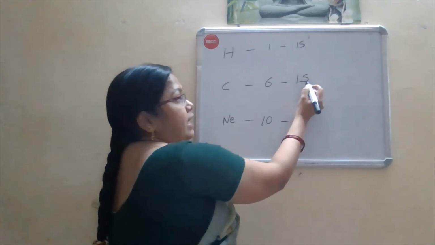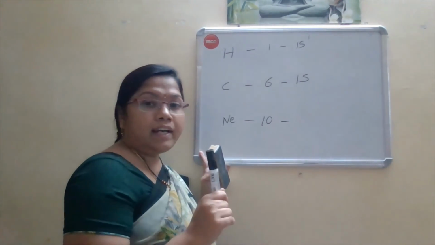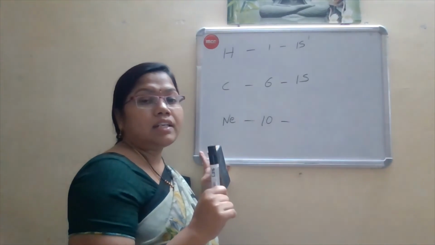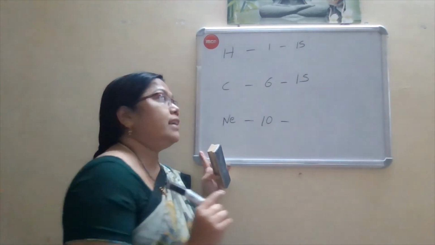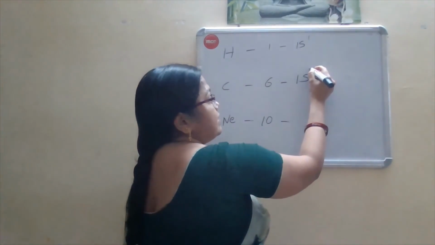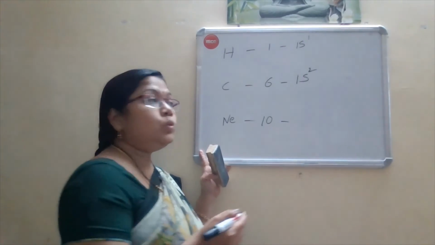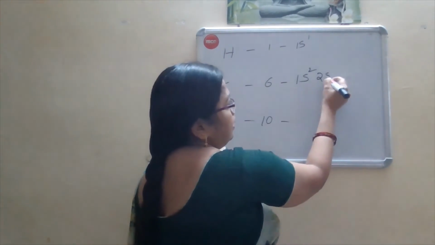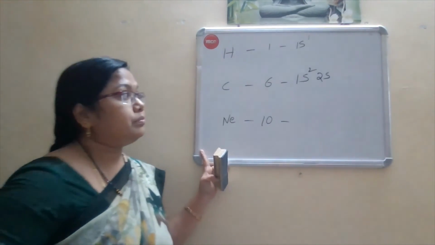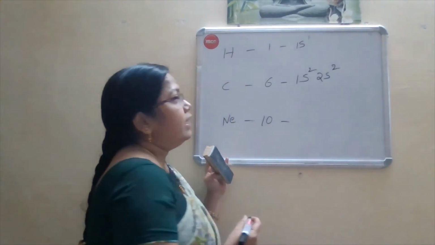S subshell contains one orbital, and that one orbital has 2 electrons only, so 1s2. The next electrons enter into 2s subshell. 2s contains 2 electrons.